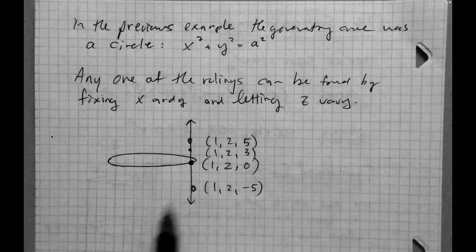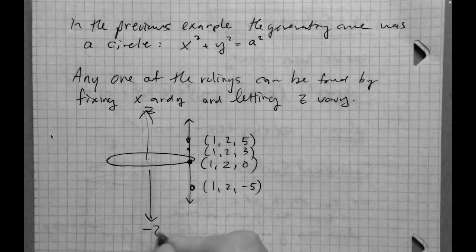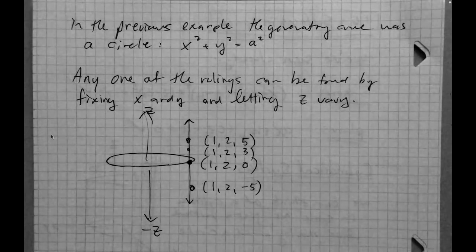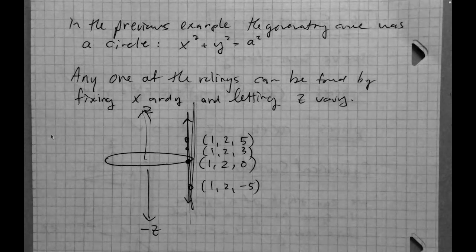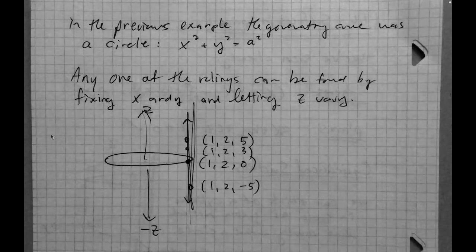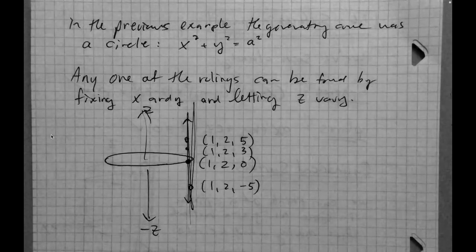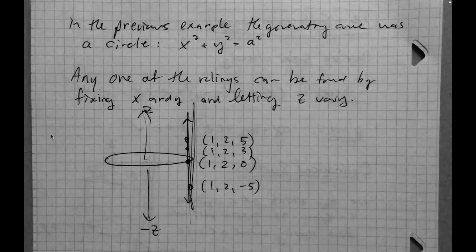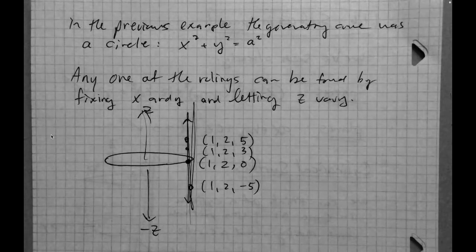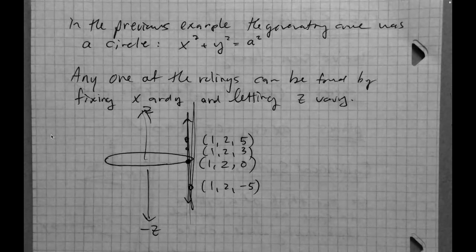This is of course where the z-axis is, and this would be negative z in this direction. So these rulings are just: you fix x and y and you let z vary. The value of z is totally arbitrary, and given that, the equation of the cylinder is really just the equation of the generating curve.